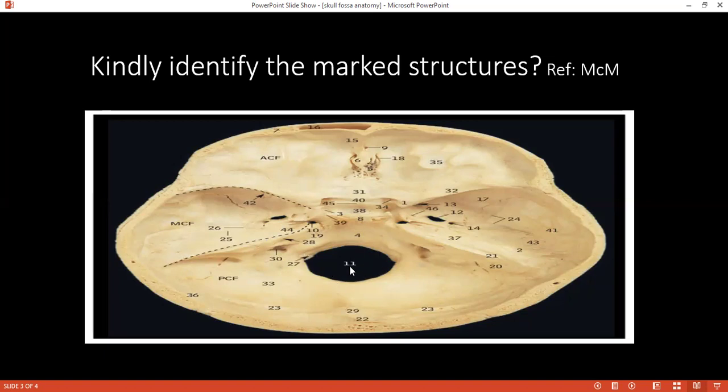Yes. And what passes through the foramen magnum? Spinal cord. Yes. And spinal artery. Yes. And root of accessory nerve. Yes. Anything else? Vertebral artery. Yes. More things?